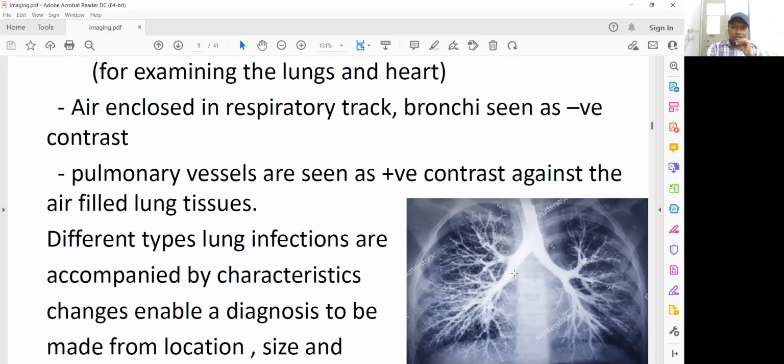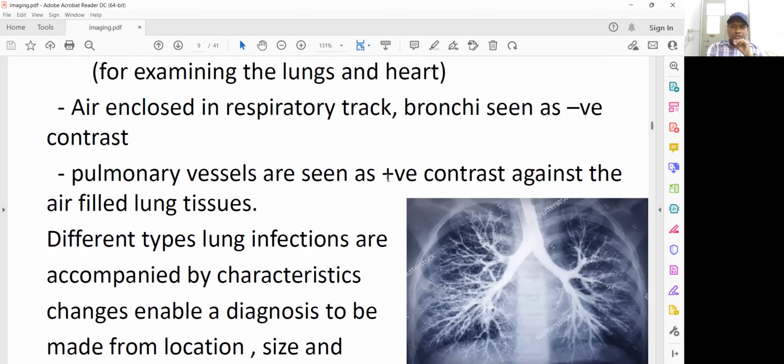Obviously these are white. By this contrast difference we can easily determine whether there is any abnormality in the lungs of the human. This is very clearly seen if there are any blockages or any other abnormalities inside it.